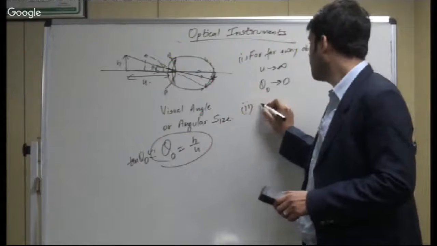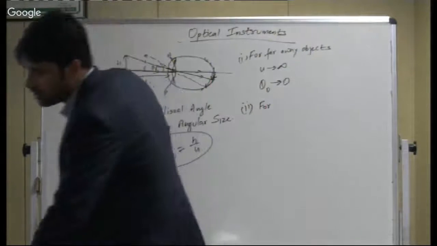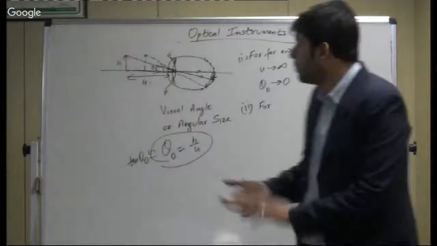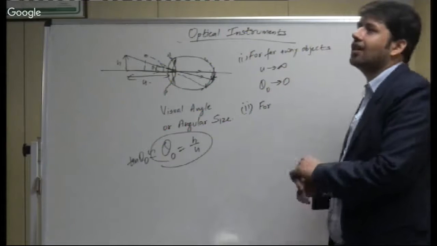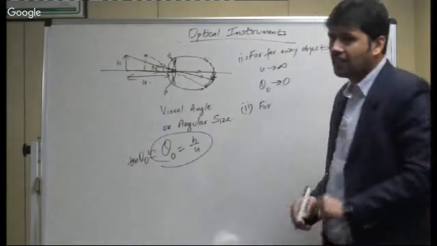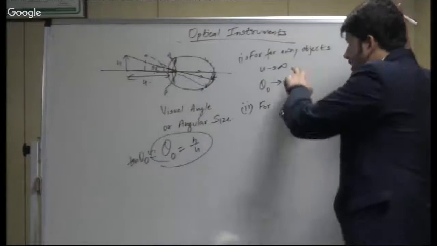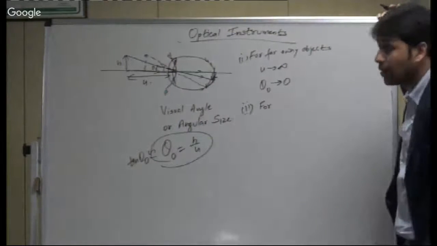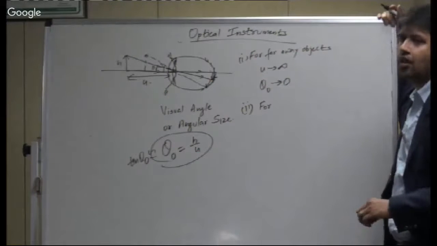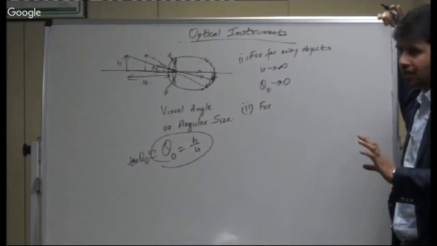For now you know that eye has a power of accommodation, but it's not capable of accommodating the distances from 0 to infinity. Eye is able to see the objects at infinity, but it is not able to see objects which are closer than 25 centimeter. I am talking of normal eye.